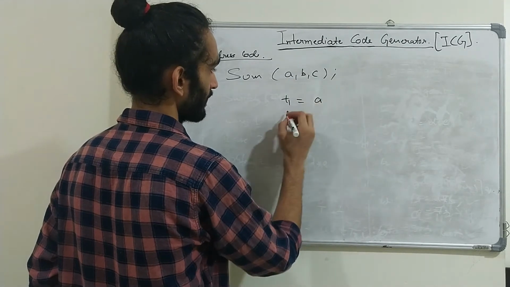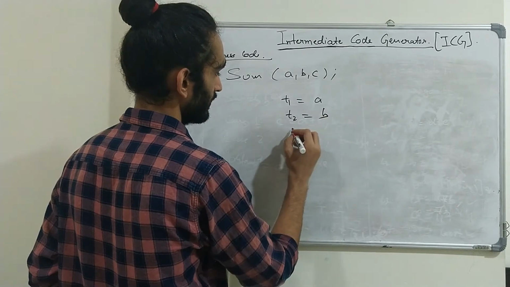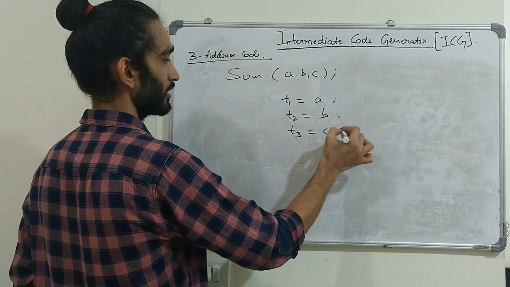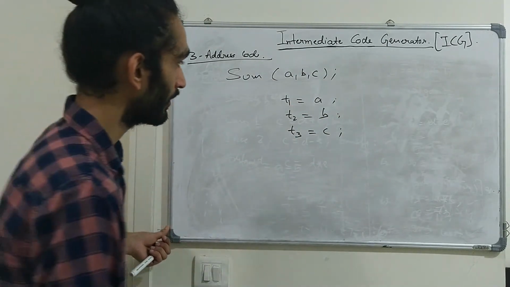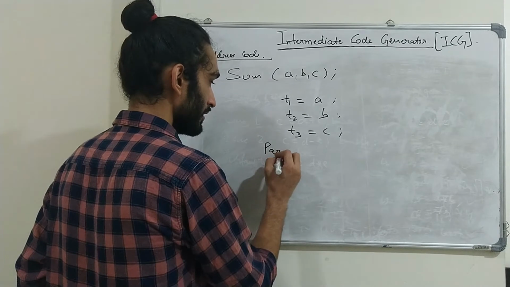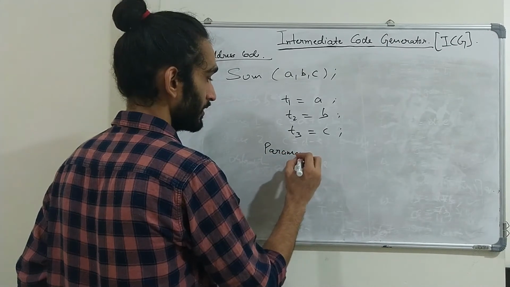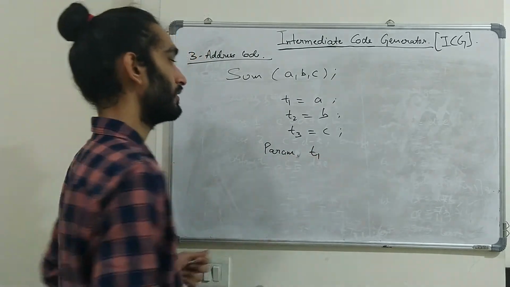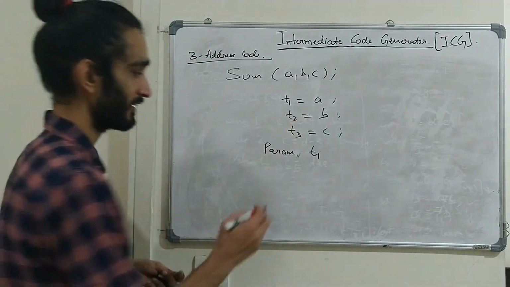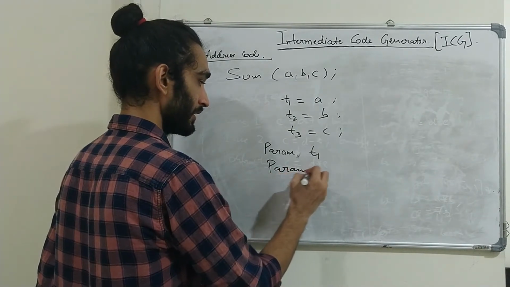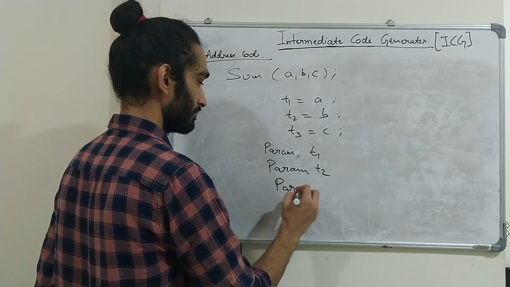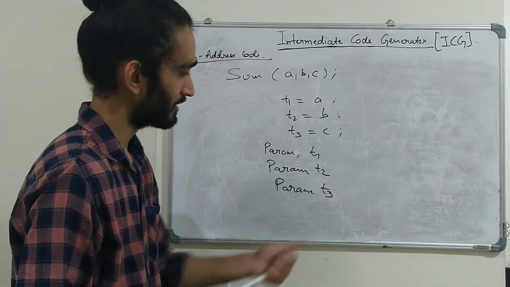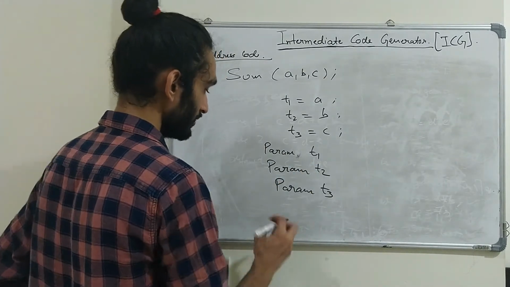T1 equals A, T2 equals B, T3 equals C. Now what I'm going to write is param. We write param T1, just to indicate that this T1 is a parameter, then param T2, param T3.